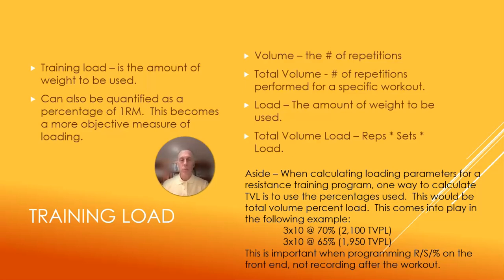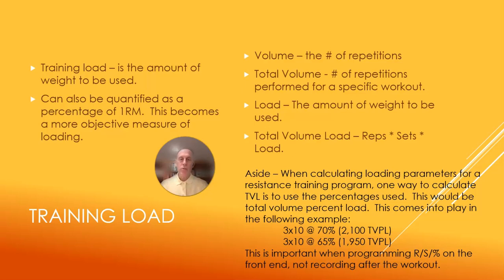In terms of comparing apples to apples and getting programming down to a common denominator, 3 sets of 10 is 30 reps, and 30 reps at 70%, you can go 0.7 if you so choose. I just did times 70, which gives us 2,100 total volume percent load. And 3 sets of 10 at 65% would be 1,950 total volume percent load.